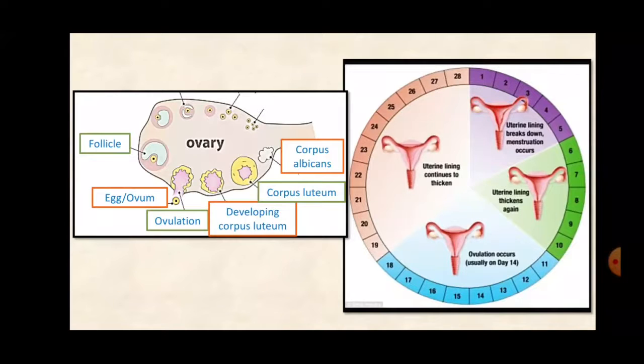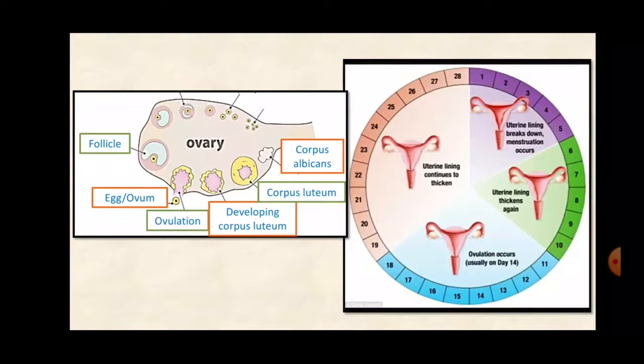This corpus luteum secretes progesterone, which results in the secretion of the endometrial glands, under the effect of progesterone, helping the endometrium to get ready for the implantation of the embryo. Next you can see the corpus luteum is fully developed.